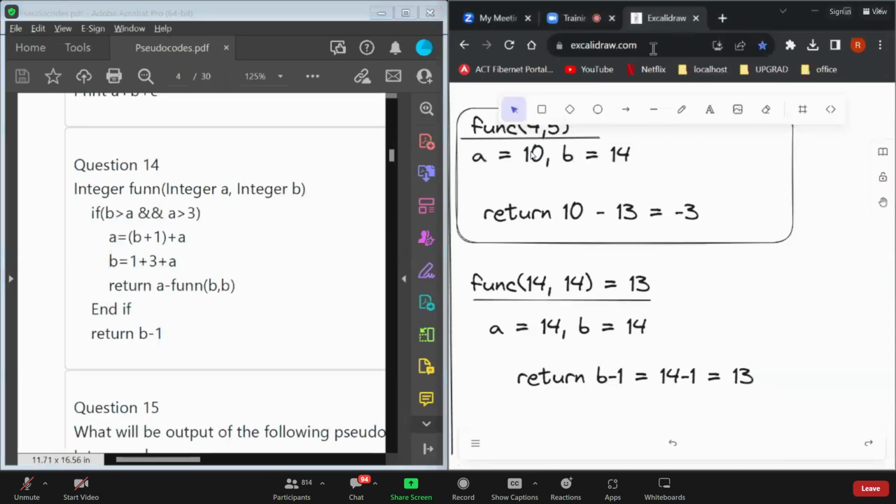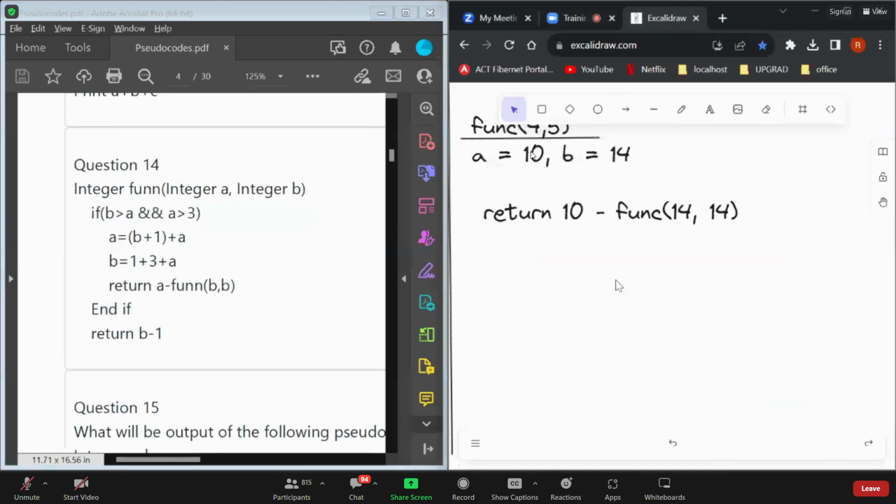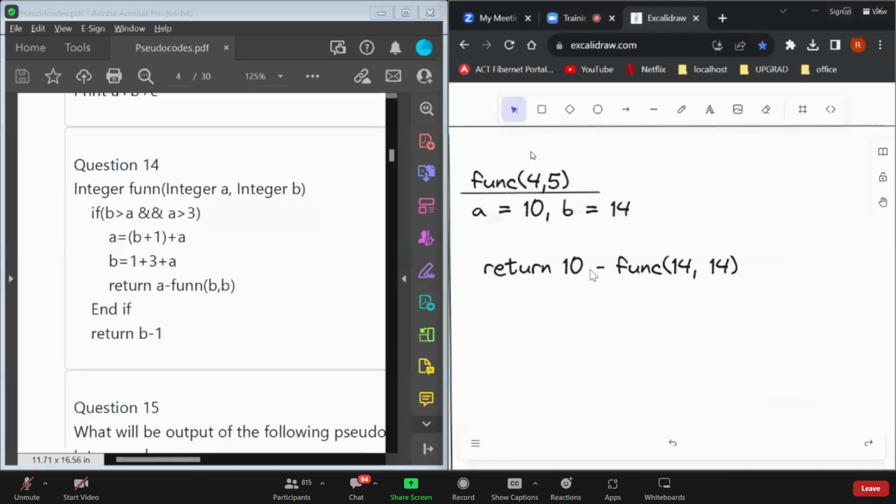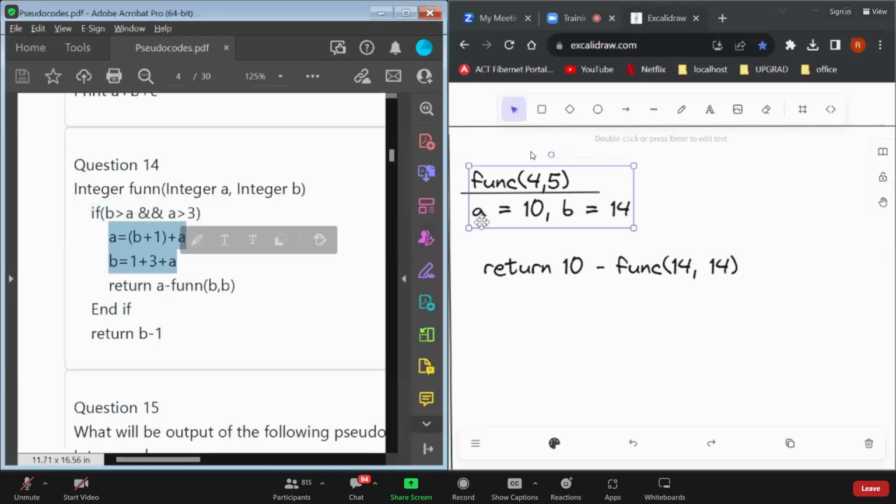See, till here, did you understand? Like for the first time, the if condition was true, function of 4 comma 5. We manipulate the condition is true. We got the new values of a and b. Value of a is 10, value of b is 14. And we are returning a minus function of b comma b.